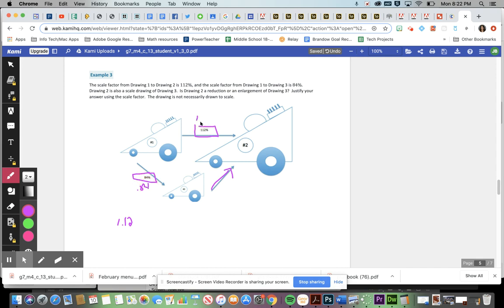I'm going to take my original, drawing 1 to drawing 3, and put it on the bottom, 0.84, and my scale, 1.12, and put it on top, and divide those.